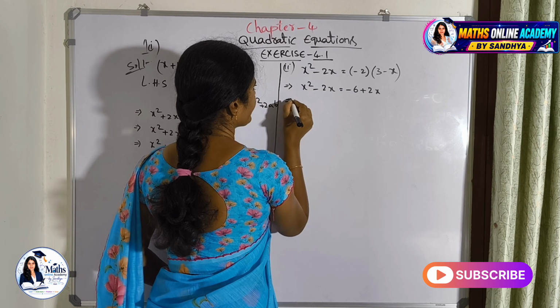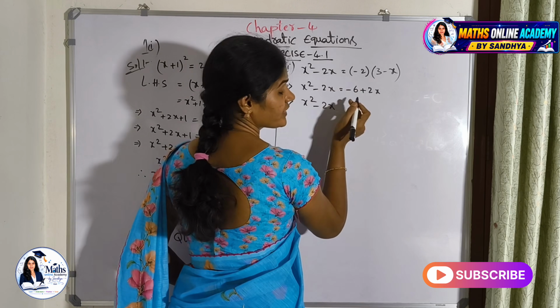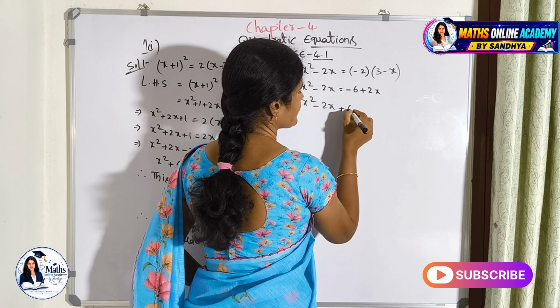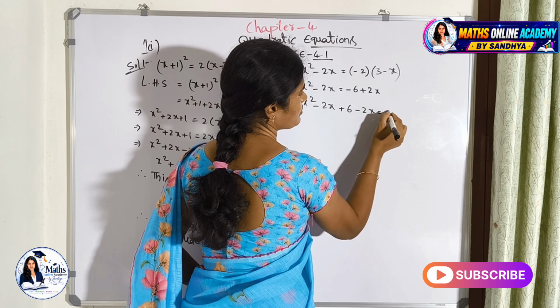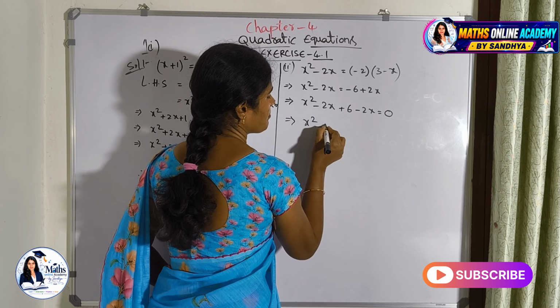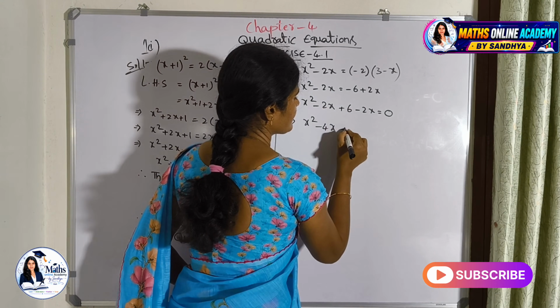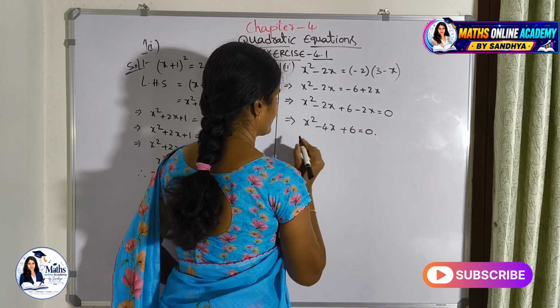Okay? That implies x square minus 2x, you take this side, plus 6 minus 2x equal to 0. That implies x square minus 4x, minus 2x means minus 4x, plus 6 equal to 0.